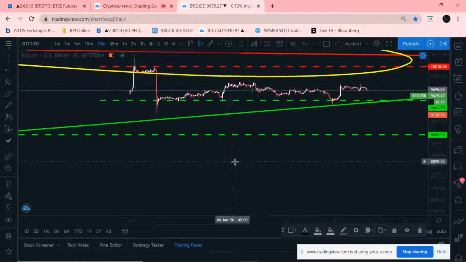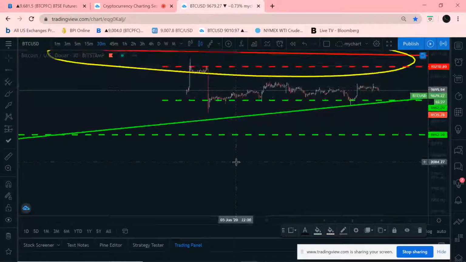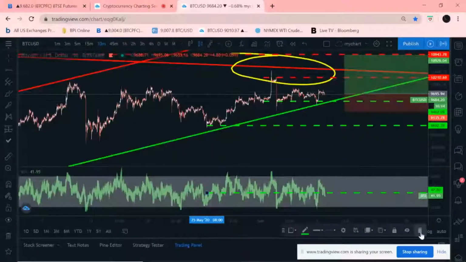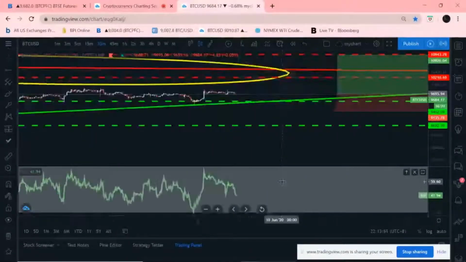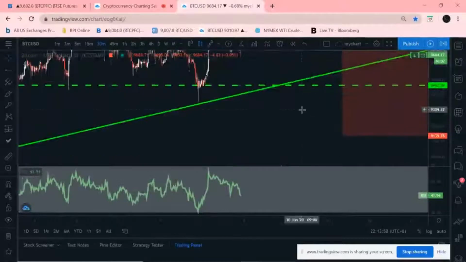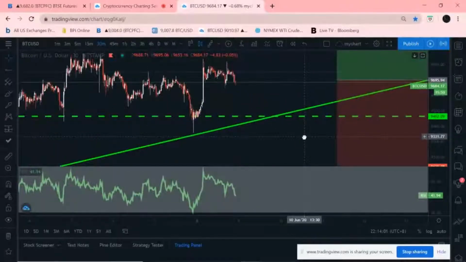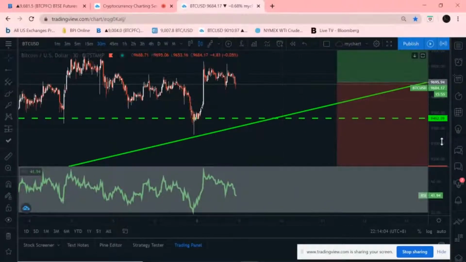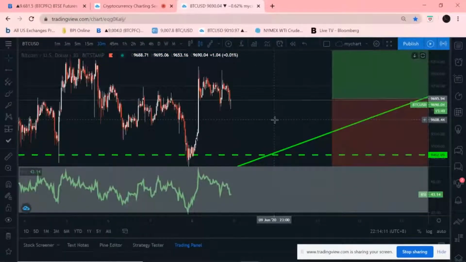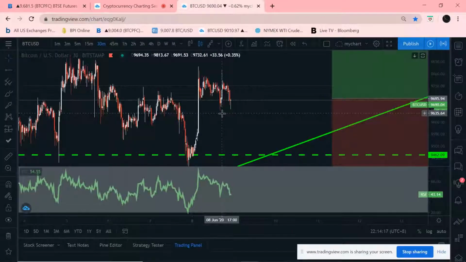So let's just look at the RSI level. Currently, 9813.67, 9829.